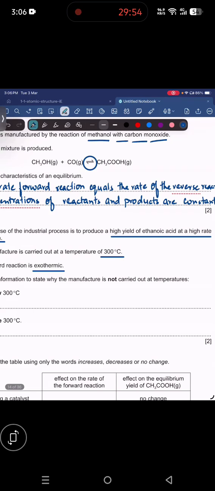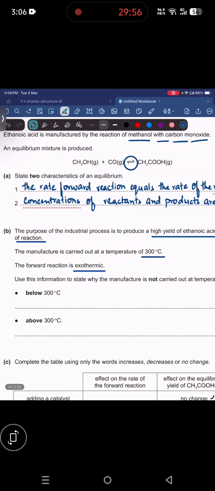The forward reaction is an exothermic reaction. So if the reaction is an exothermic reaction, that means you have to carry out the reaction below 300 degrees C. Why? Because below 300 degrees C the reaction will obtain its optimum temperature.